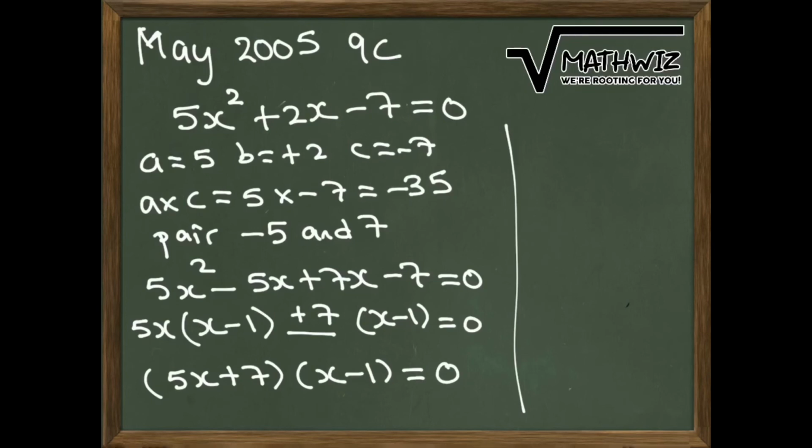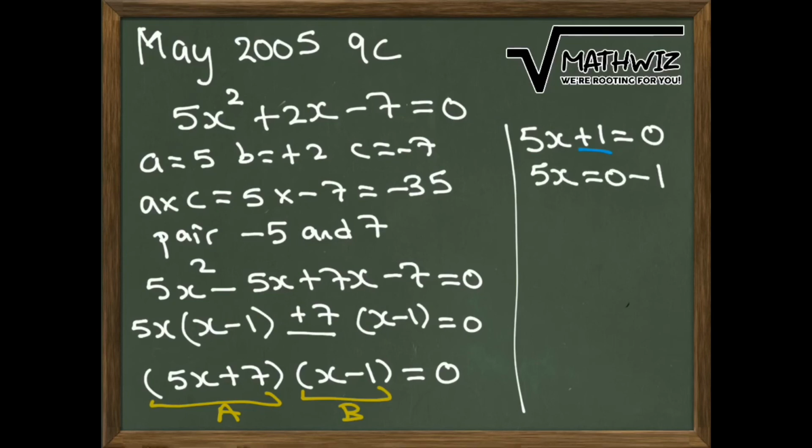So again, you have two things being multiplied equal to 0. So it means one of them has to be 0. So we're solving 5x plus 1 equals 0. This positive 1, when you take it over, is going to become minus or negative, however you prefer to say it. Right? So 5x is equal to minus 1.